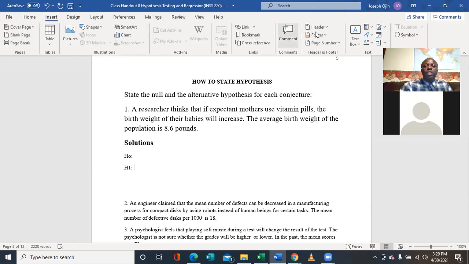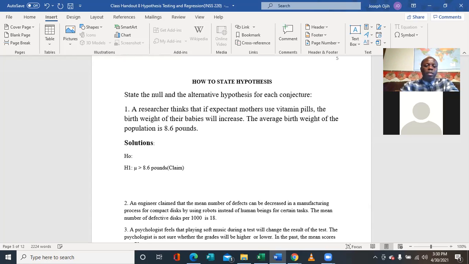H1: the birth weight mean, we increase, means greater than 8.6 pounds, which is his claim or her claim.